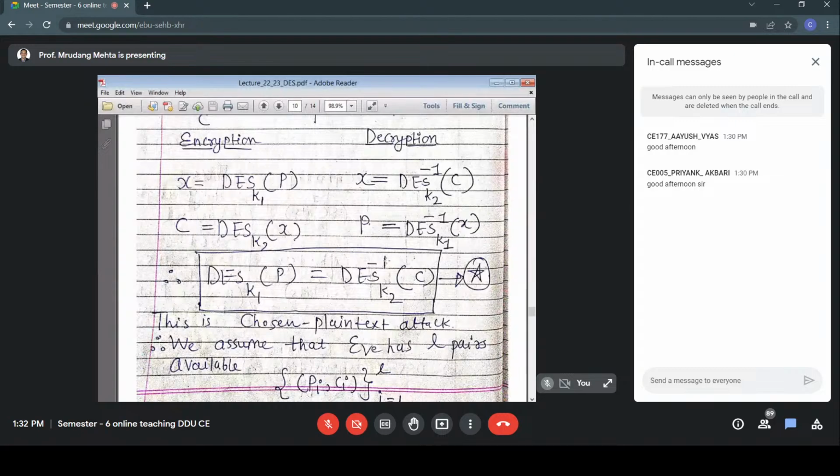That means if you encrypt plain text with key K1, it is equivalent to decrypting ciphertext with key K2, right? So that is meet in the middle. If we find this, then we can find the K1 and K2 pair, and then it can be broken. So to perform this meet in the middle attack, we need to perform a chosen plain text attack.